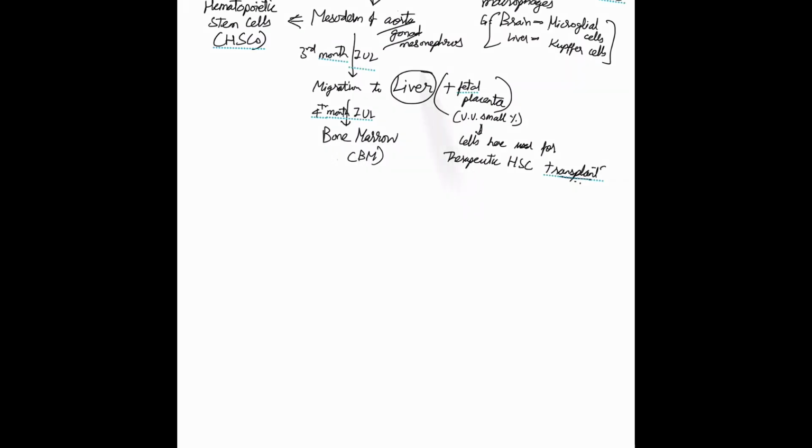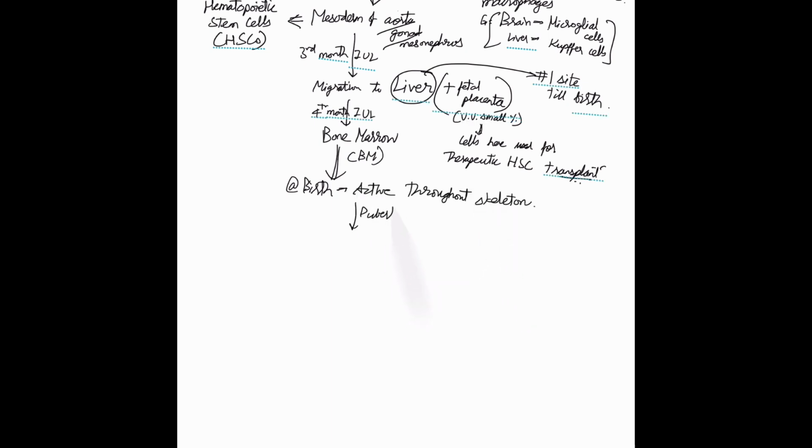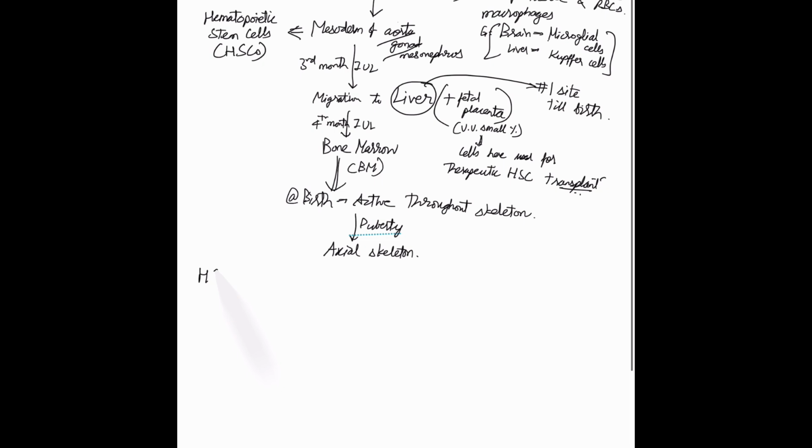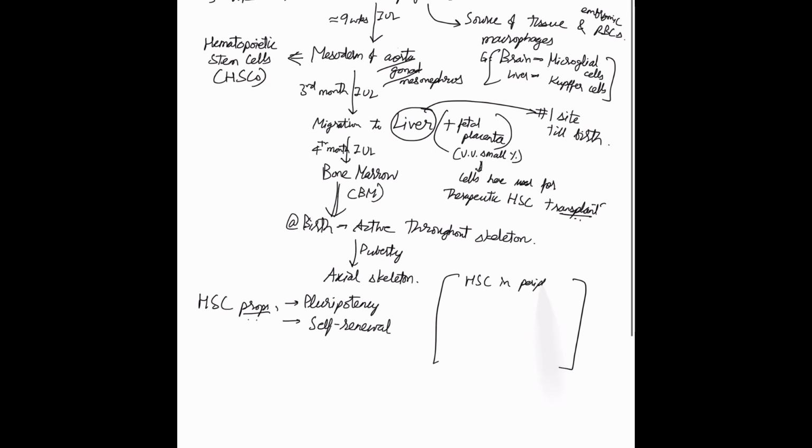Now the liver is the number one site of hematopoiesis till birth. Then in the fourth month of intrauterine life, the bone marrow develops, and after birth, this takes over the function of erythropoiesis. It's active throughout the entire skeleton, but puberty onwards, it's only the axial skeleton that's actively forming blood elements.